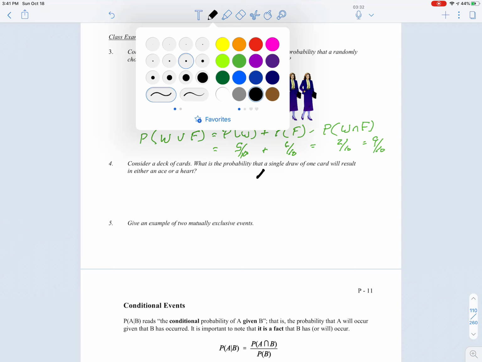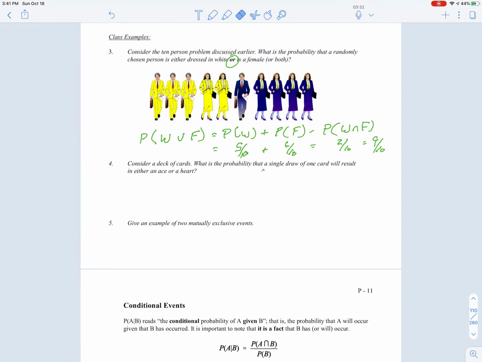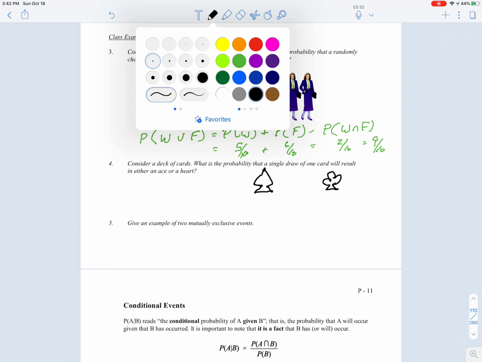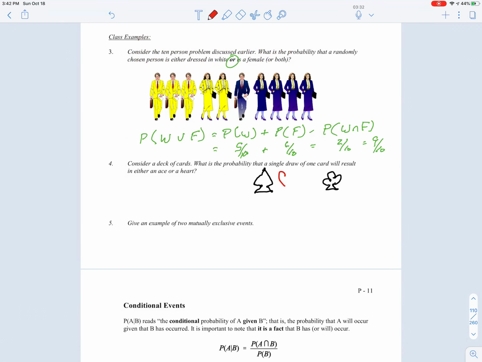Spades, and at the far end, clubs. And then we've got hearts. And we've got diamonds.